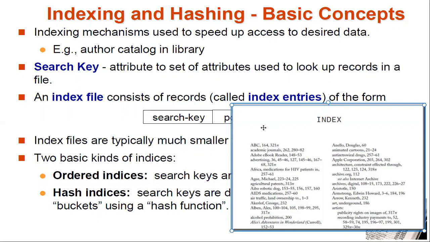Before we understand what indexing is, let's see a small example. When you take any textbook, in the last few pages you can find the index. In the index, the keywords or important words are arranged in alphabetical order, and for each word there will be corresponding page numbers.